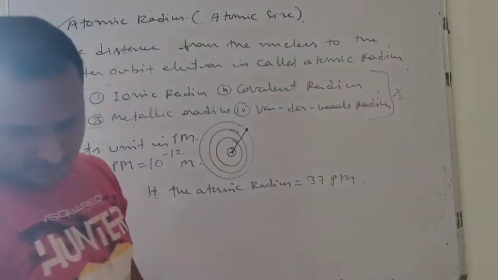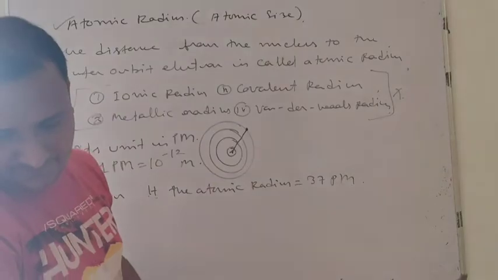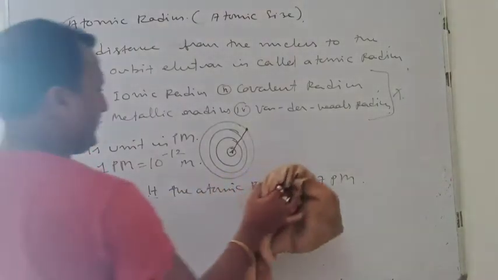Now, what is the periodicity of atomic size or atomic radius? What is the periodicity?